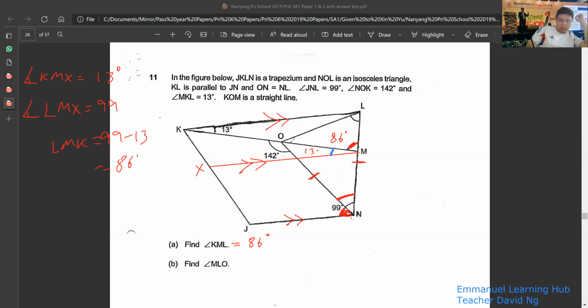So probably you can find this angle first, because you might need it. Okay, let's find this angle first. This angle is how many? How to find angle NOM?